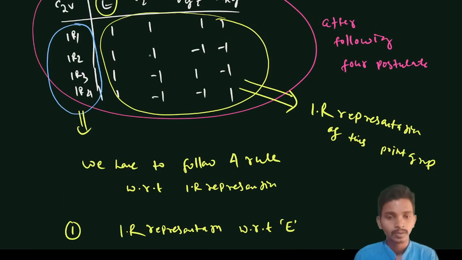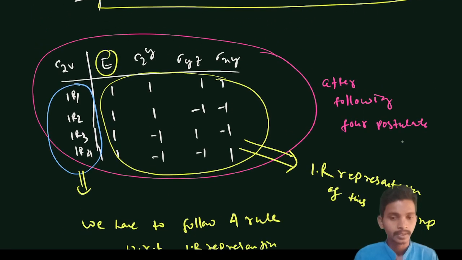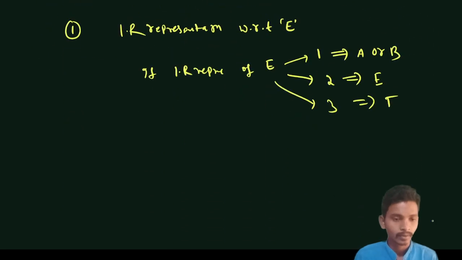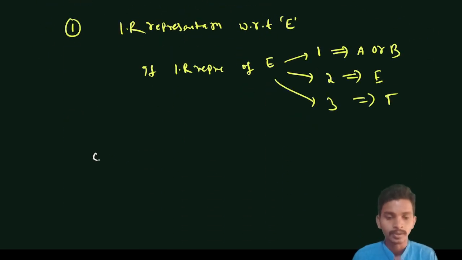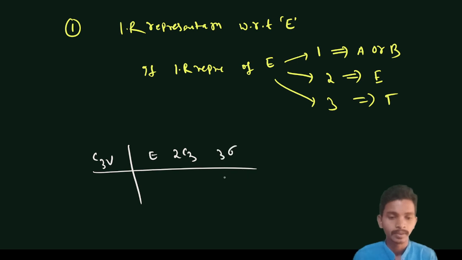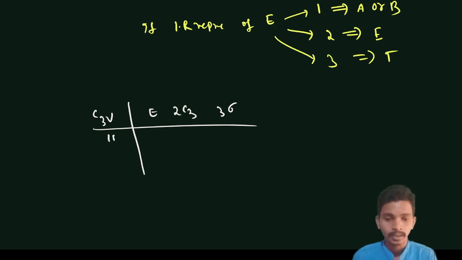Like this is for C2v. If I talk about C3v, let's say point group C3v, first I will draw C3v. So here E, 2C3 and 3 sigma v. So these are 3 classes, so following the postulates, 3 irreducible representations, IR1, IR2 and IR3 will come, because 3 classes means 3 irreducible representations.